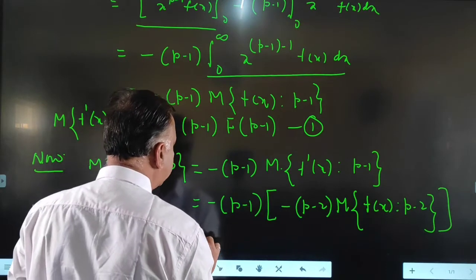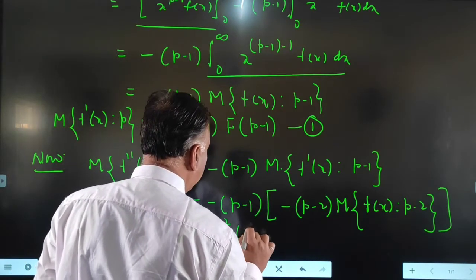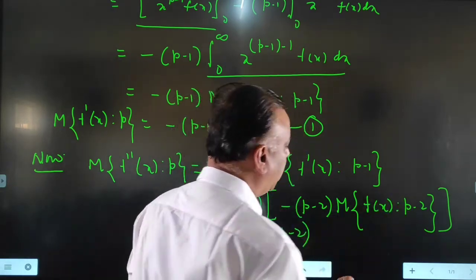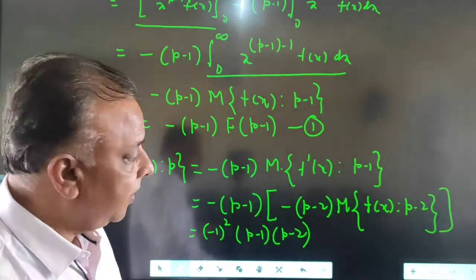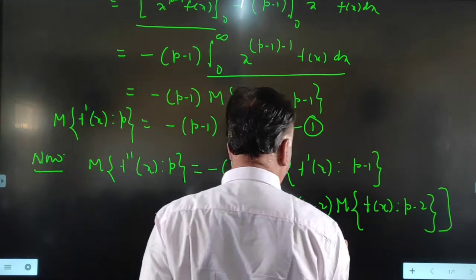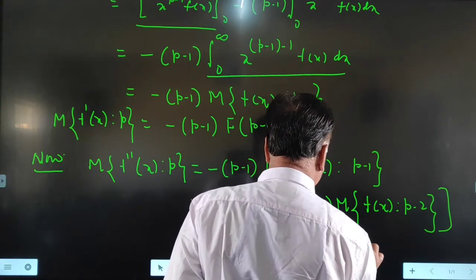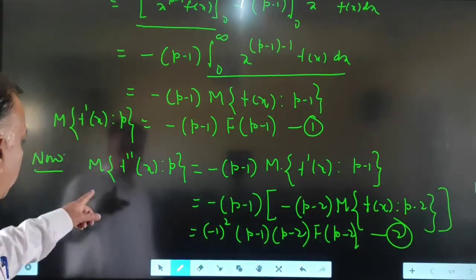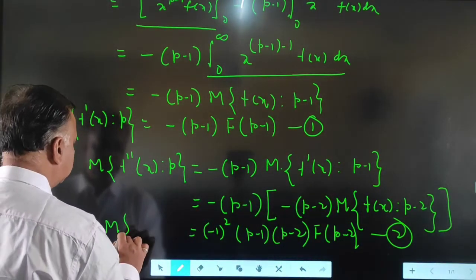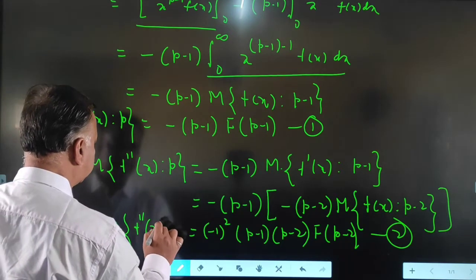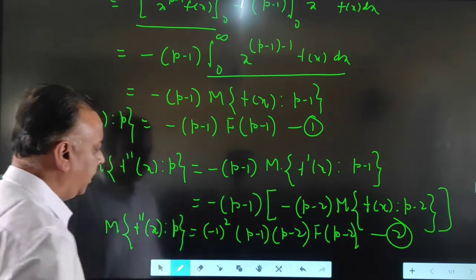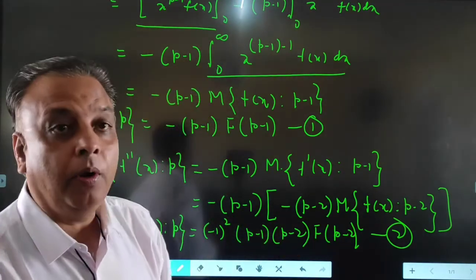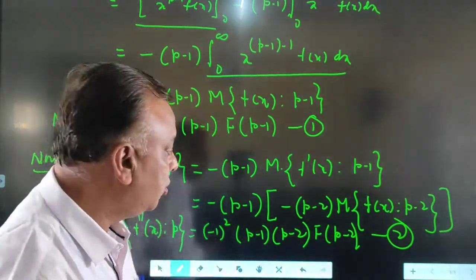Or this can be written as (minus 1) squared (p minus 1)(p minus 2) times the Mellin transform of f(x), which is F(p) with parameter p minus 2, so this is F(p minus 2), equation 2. So we get the Mellin transform of f double dash x with respect to parameter p equal to (minus 1) squared (p minus 1)(p minus 2) F(p minus 2).